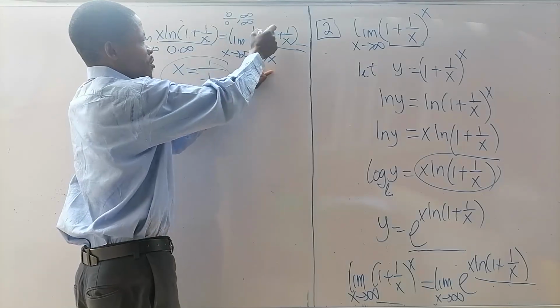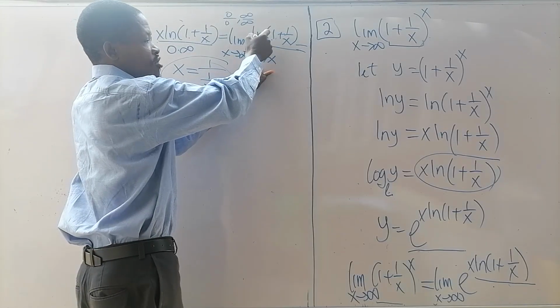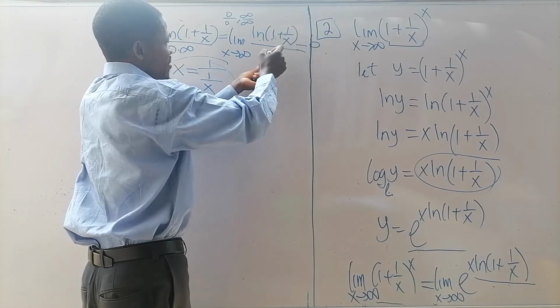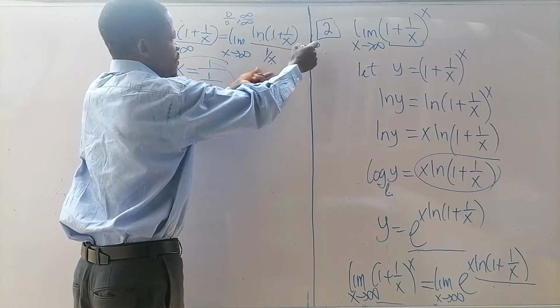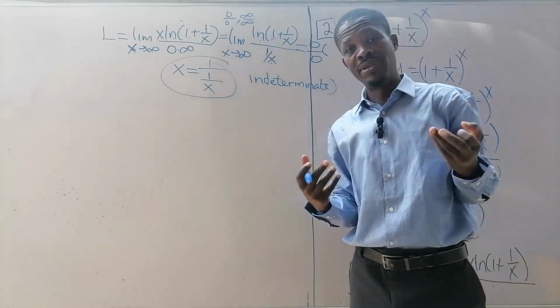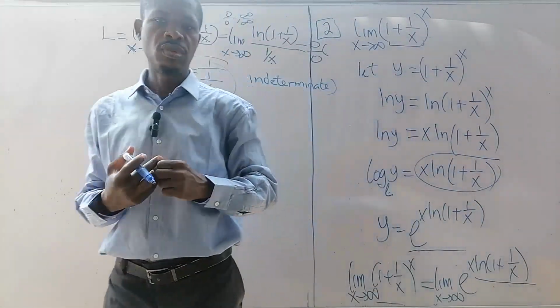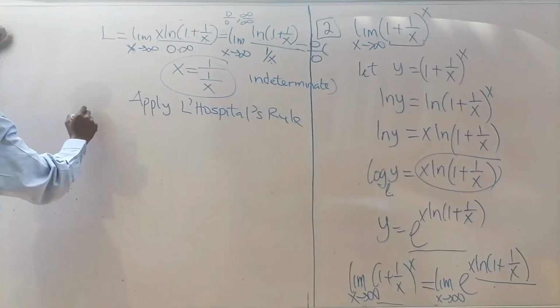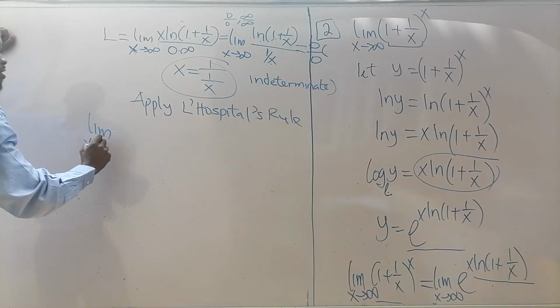Let's do that. If you plug in here, this will be the natural logarithm of 1, which is 0, and this one also is 1 over infinity, which is also 0, and that is indeterminate. Apply L'Hopital's rule.